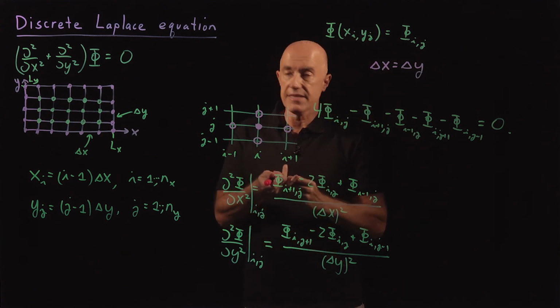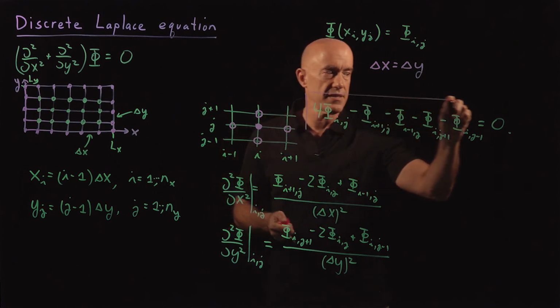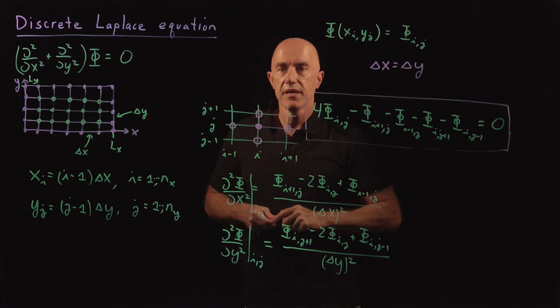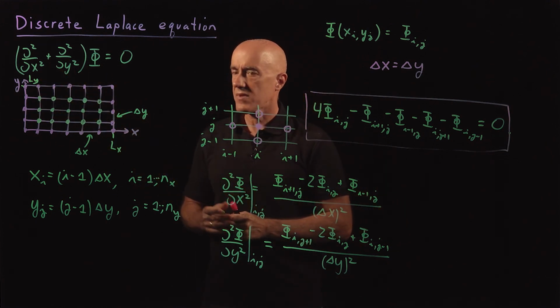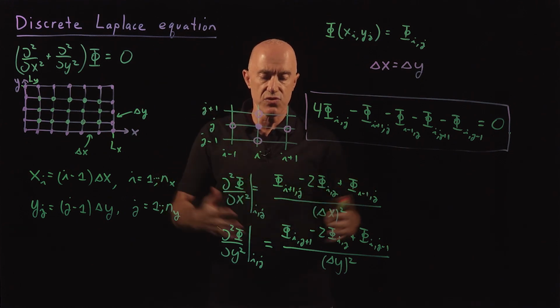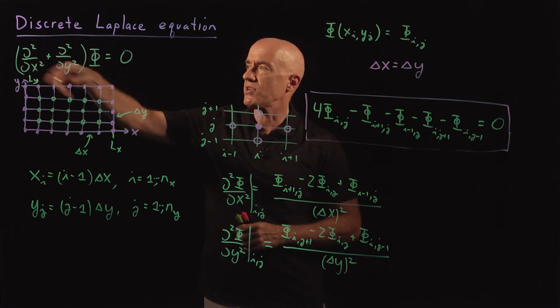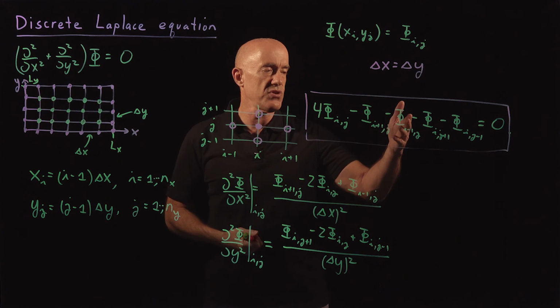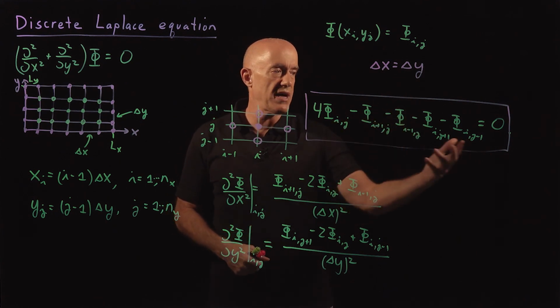Okay? This is called the discrete Laplace equation. So by gridding up our domain and using the central difference approximations, we can convert a partial differential equation, the Laplace equation, into a difference equation, the discrete Laplace equation.